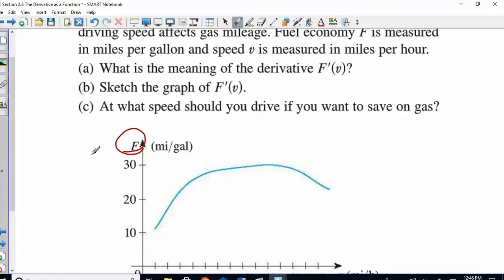I want to know what the derivative would mean. So this is my mileage. A derivative tells you how something is changing. It's the rate of change. So what does the derivative tell us here?